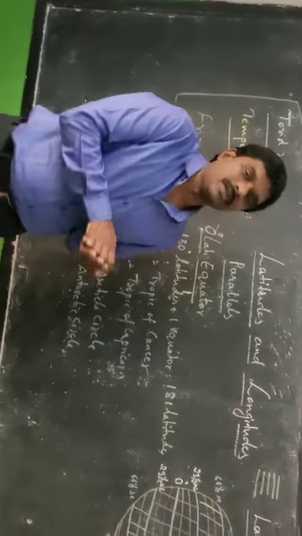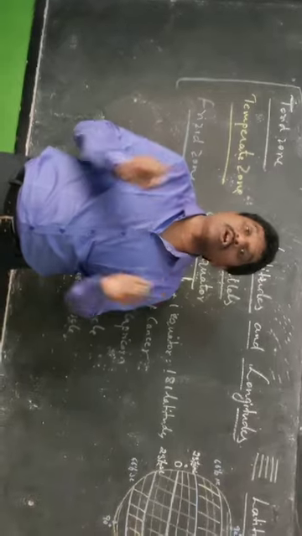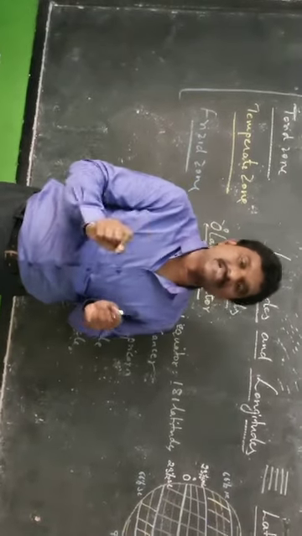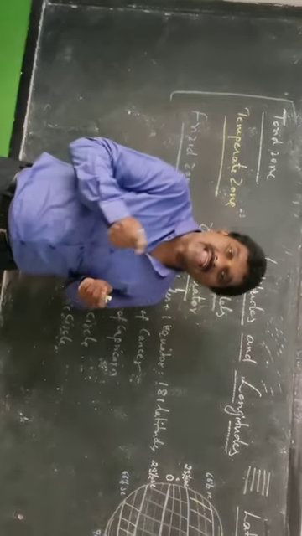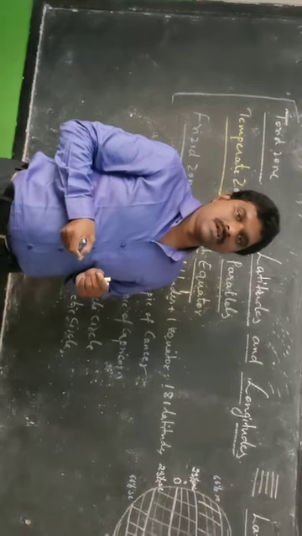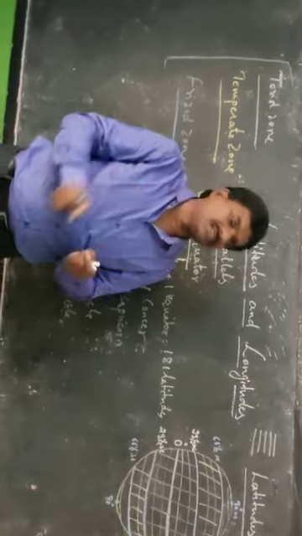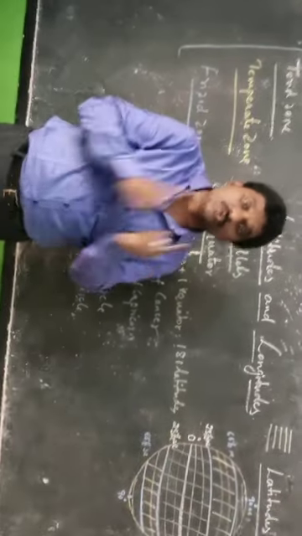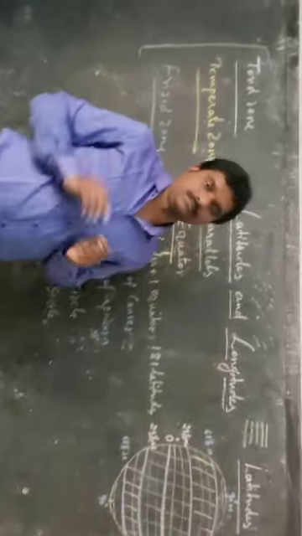For example, Mumbai is located at 19 degrees north latitude, so we can clearly understand that Mumbai makes an angle of 19 degrees to the equator.